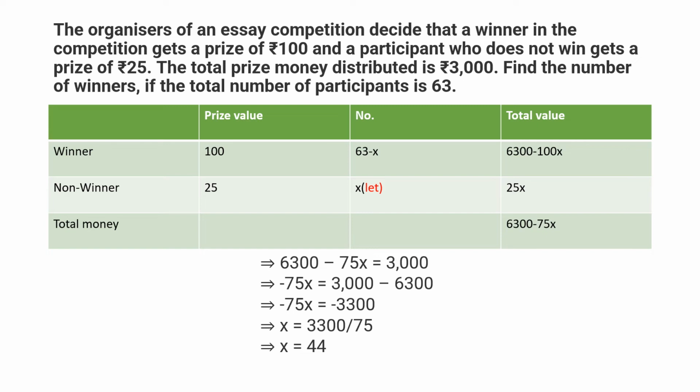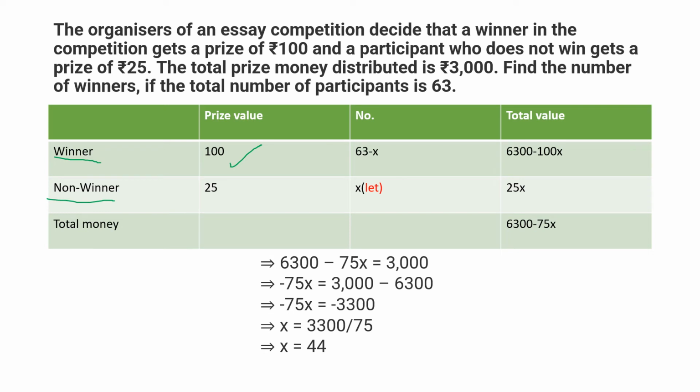Next, one more important question is: organizers of an essay competition decide that a winner in the competition gets a prize of ₹100 and a participant who doesn't win gets a prize of ₹25. So how have we written? One is the category of winner and one is the category of non-winner.